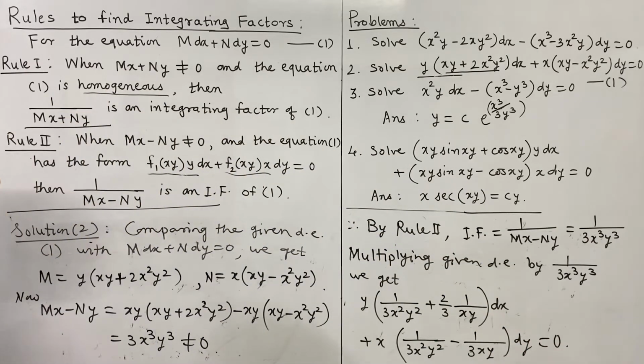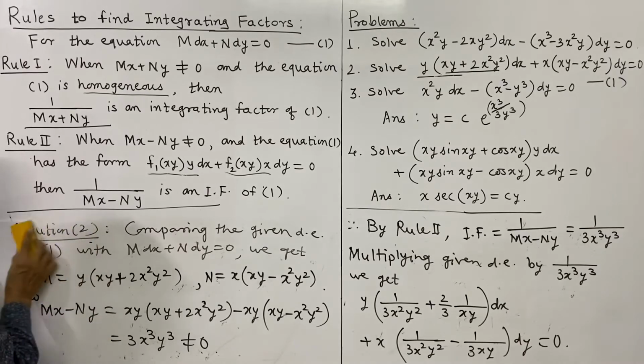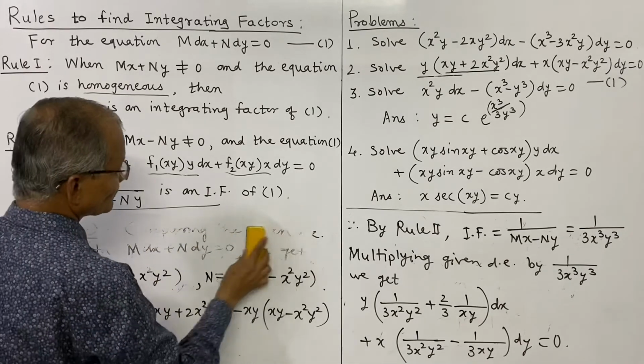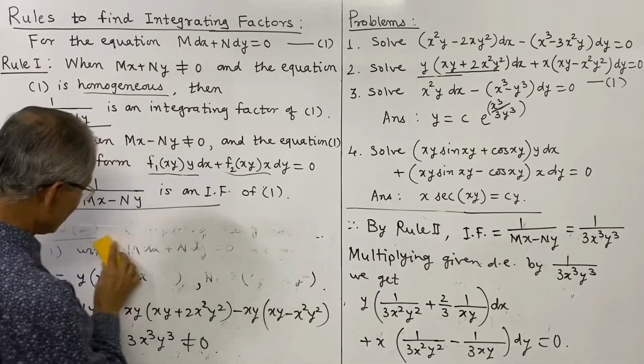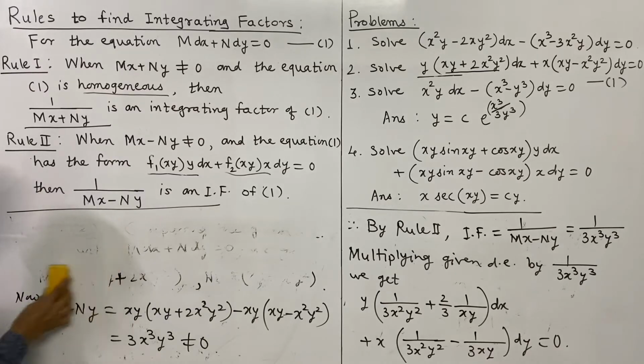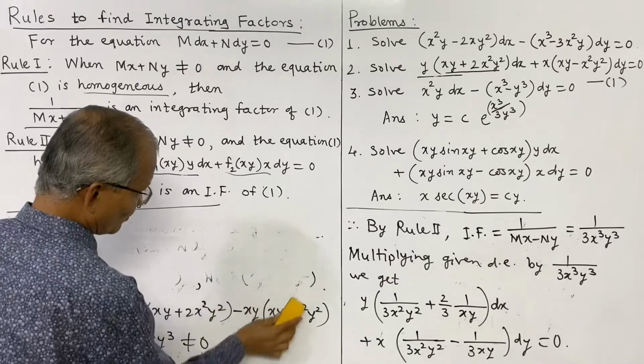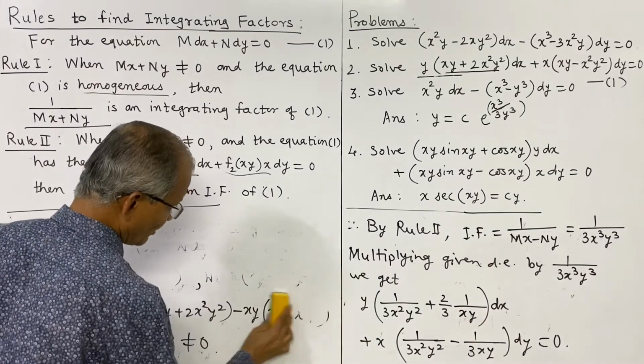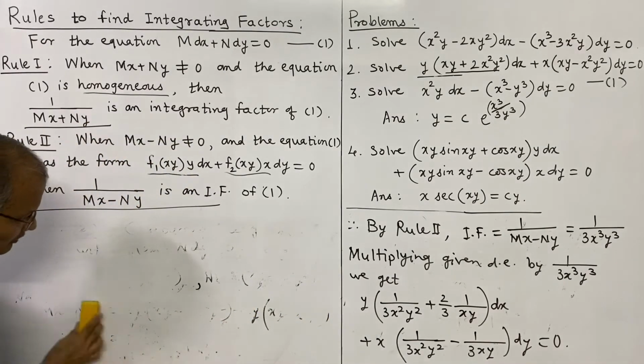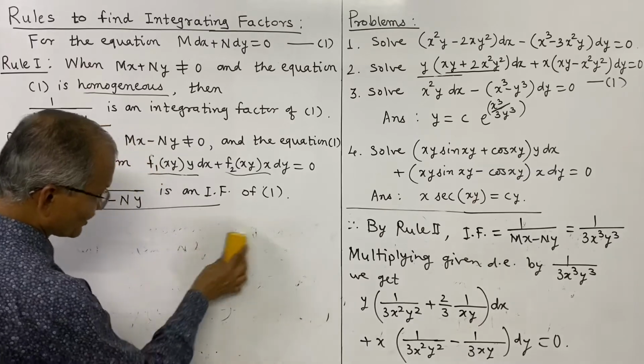So this is now exact differential equation. This is exact differential equation, and it can be solved by the rule, working rule, or you may say formula for solution of exact differential equation.